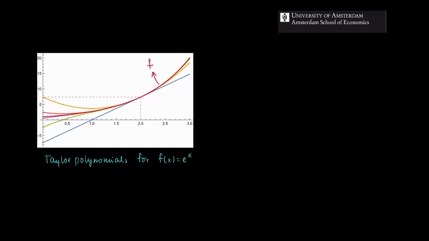Something else that you can see is the higher the order of your Taylor polynomials, the better the approximations get. So again, we have two components: the distance from the point where you make those Taylor approximations and the order of the Taylor approximation.